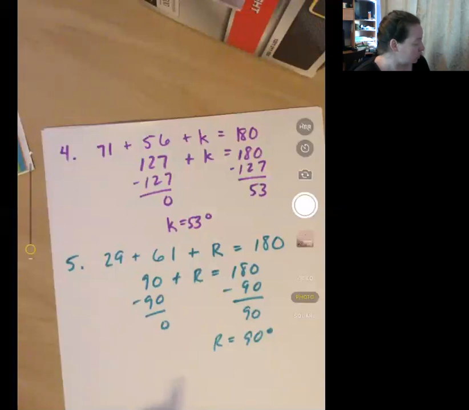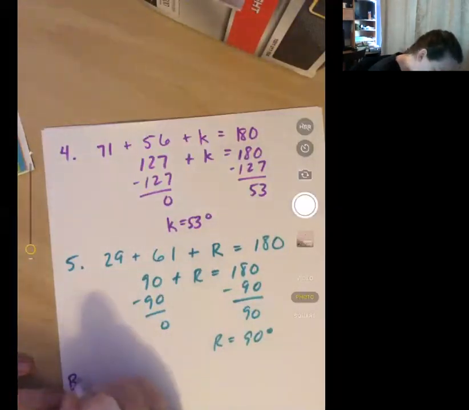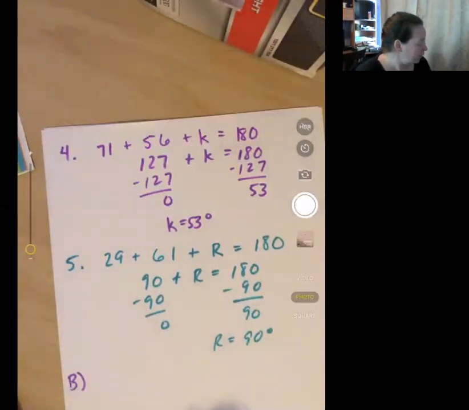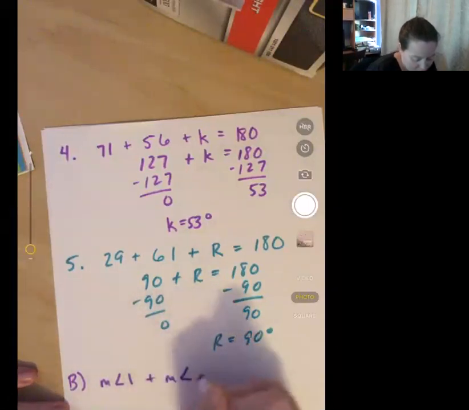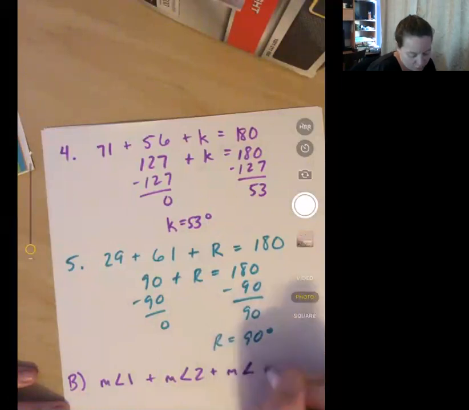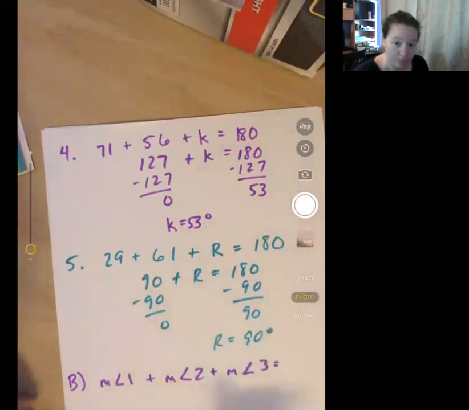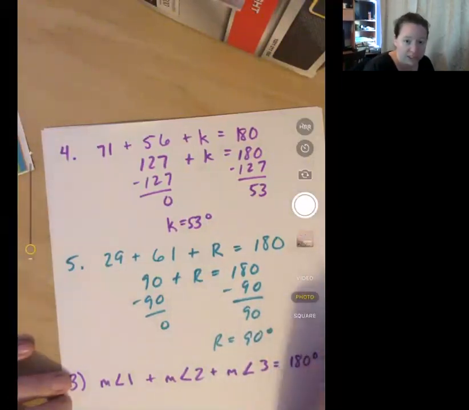So it says the triangle theorem. I am at B. The triangle theorem states that the measure of angle 1 plus the measure of angle 2 plus the measure of angle 3 is equal to 180 degrees.